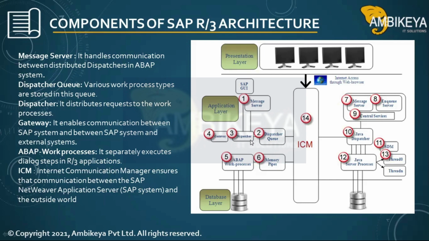There's no meaning in wasting money for 5 to 6 users; the data can be handled with a smaller database, and you need fewer work processes because you have only 5 users. So likewise, we need to do the sizing, where we decide the database size, the work processes and all. This is the sequence.